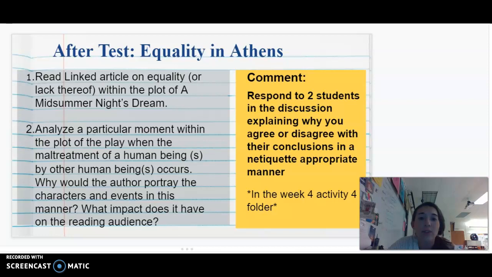Why would the author portray the characters and events in this manner, and what impact does it have on the reading audience? I'd like you to then respond to 2 students in the discussion explaining why you agree or disagree with their conclusions in an etiquette-appropriate manner.